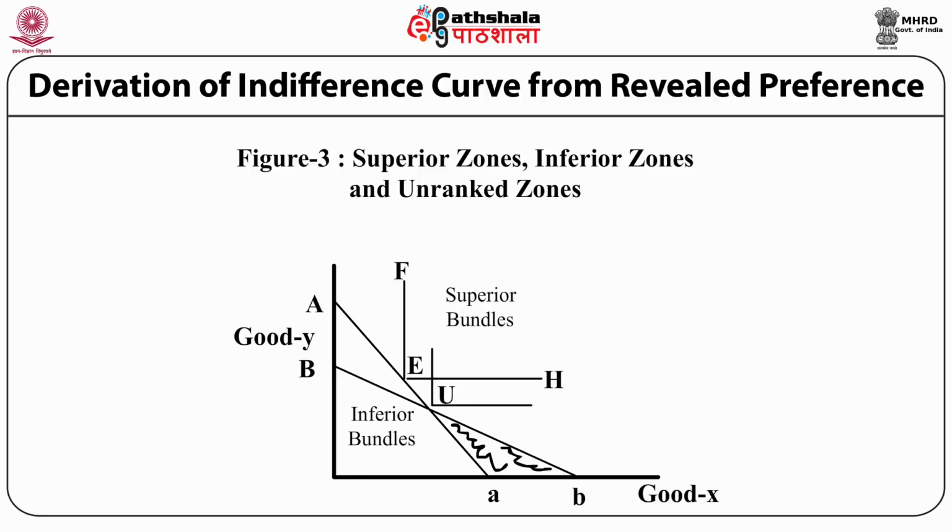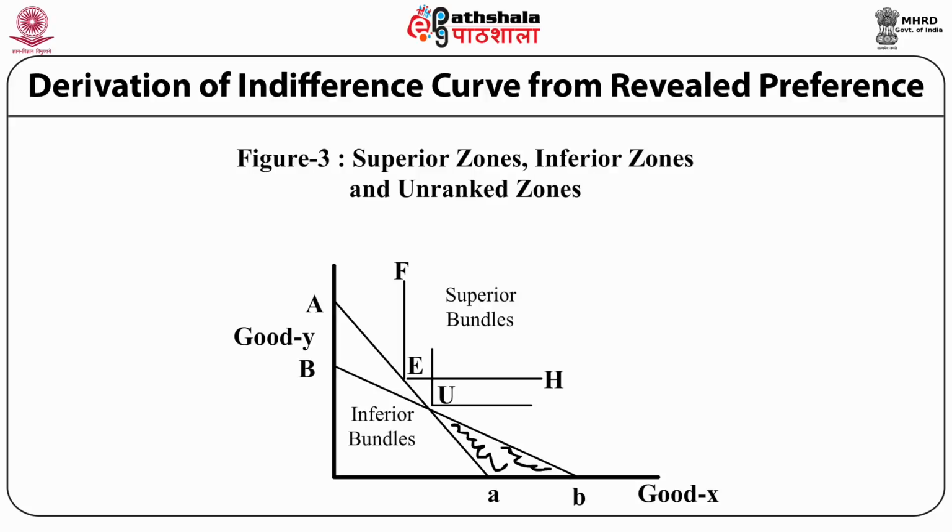Point U is preferred to area U, small a, small b when the new budget line is Bb. Therefore, point E would be preferred to area U, small a, small b when the budget line is capital A, small a. In this way, we have managed to reduce the earlier unranked area of H, E, small a by area U, small a, small b.